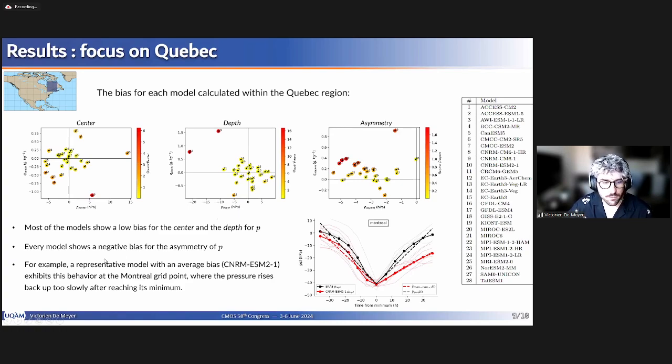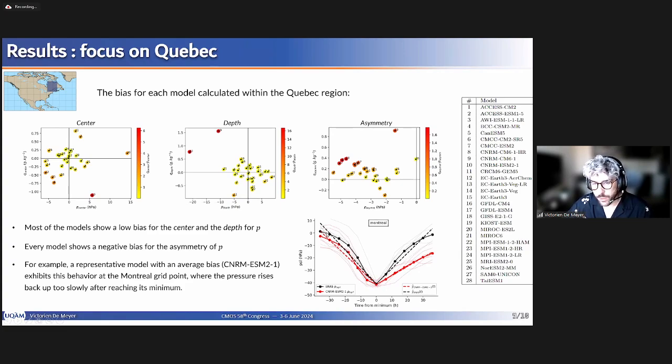And same, taking a representative model with an average bias, here the CNRM-ESM2 on the Montreal grid point, we can show that behavior more precisely. We can see that both for ERA5 and the CNRM model, the pressure anomaly is almost the same, so we don't have any bias for the center parameter.